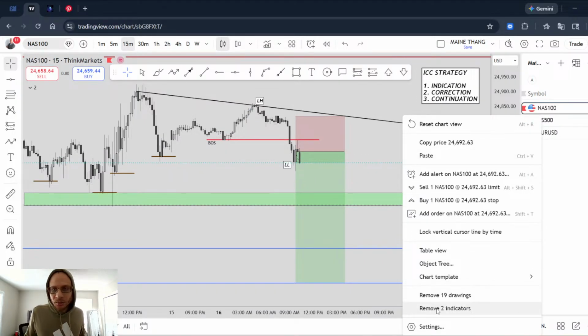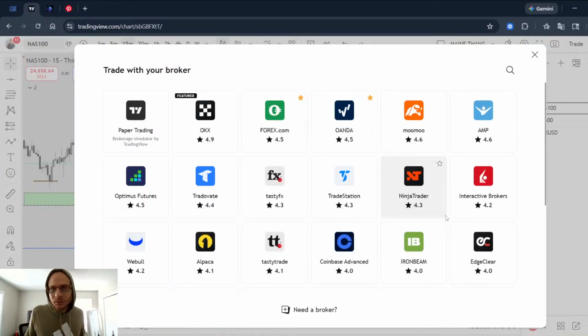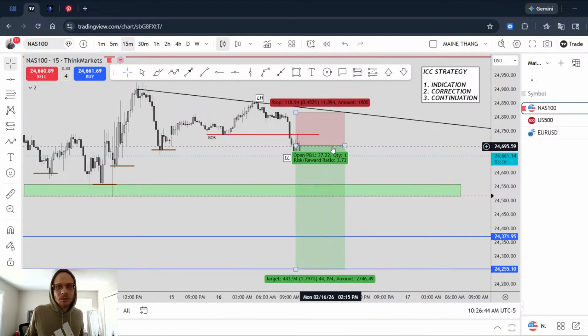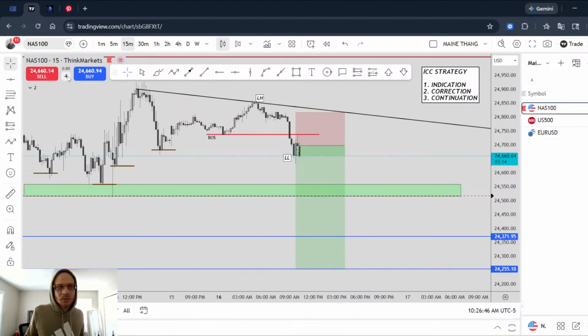And we'll enter on TradingView so we can have our stop loss.